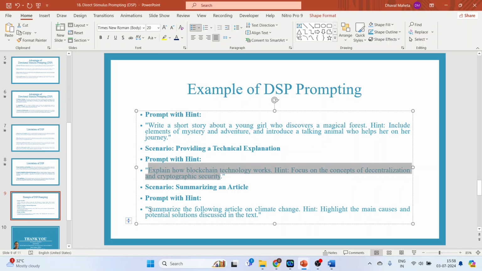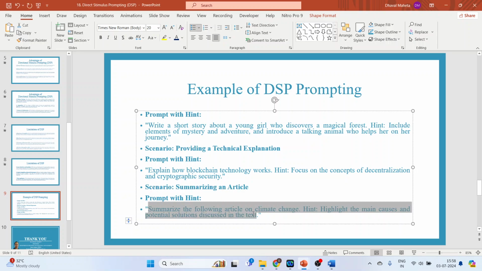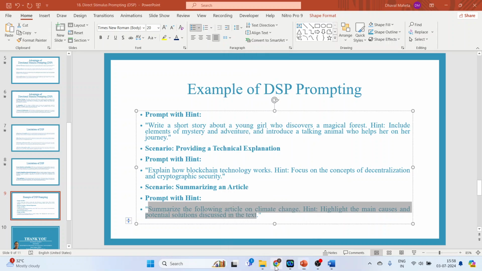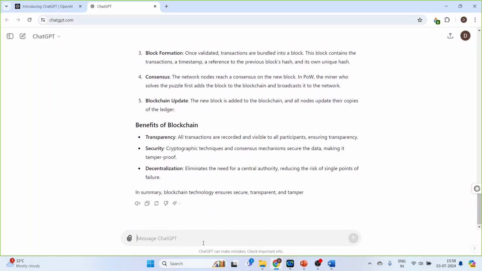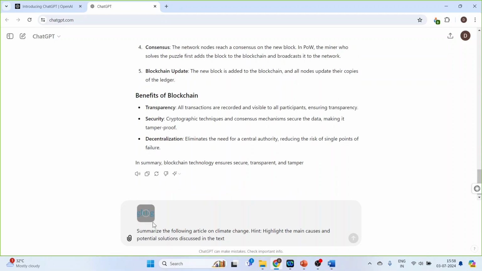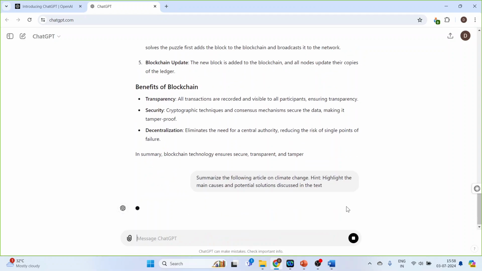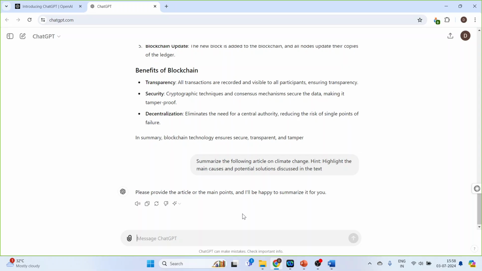Summarize the following article on climate change. Highlight the main causes and potential solutions discussed in the text. So let us copy this. I have to provide the article, so let me provide it.